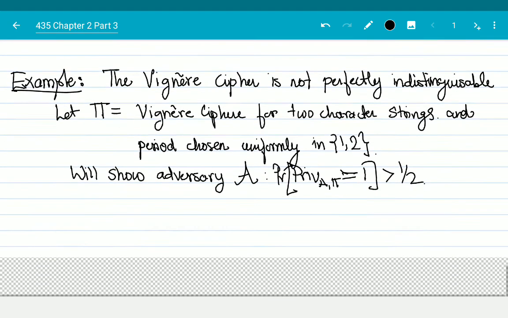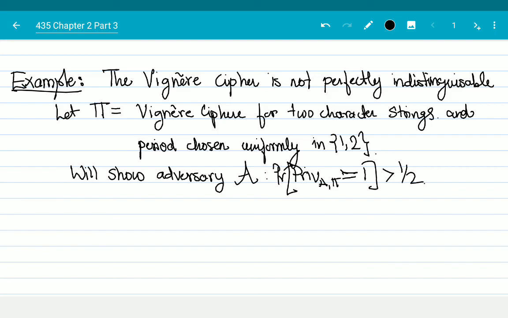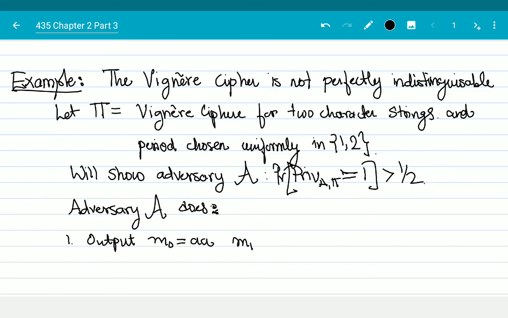Here's my adversary. Adversary A does the following. First, it outputs M0 is equal to AA, M1 is equal to AB.